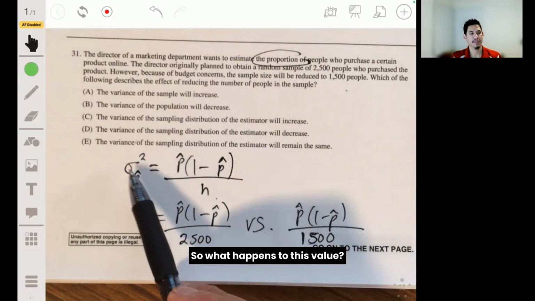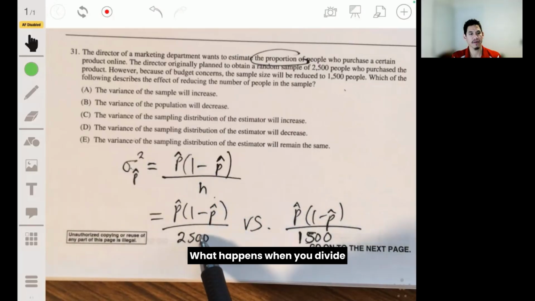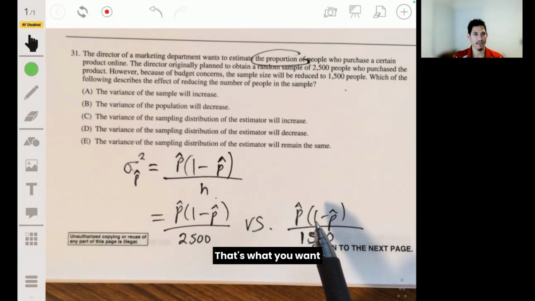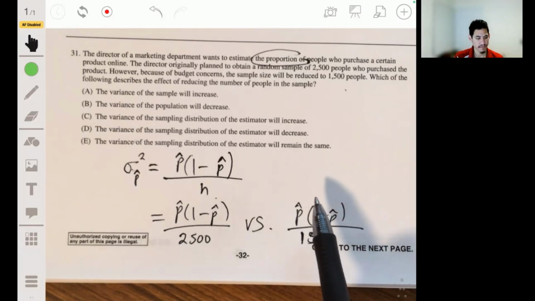So what happens to this value when you divide from 2500 to 1500? Is this value going to be bigger or smaller? That's what you want to essentially recognize.